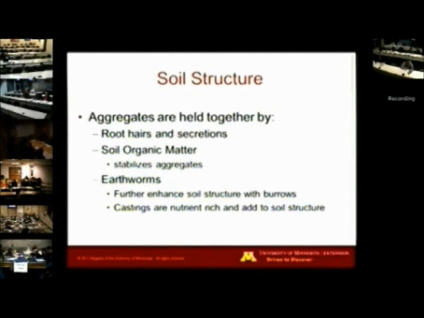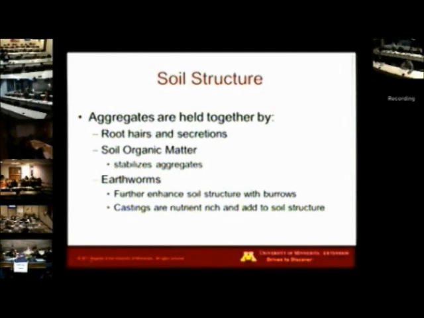Some of the ways that they're held together include root hairs and also root secretions. Soil organic matter, as well as the root secretions, helps to stabilize those aggregates in water. So when they're actually in water, they're not just going to fall apart on you.